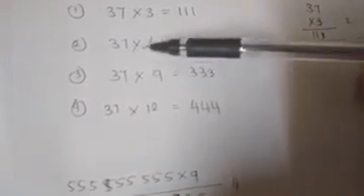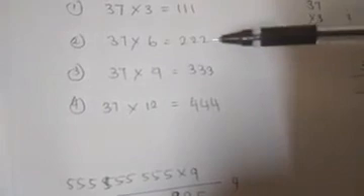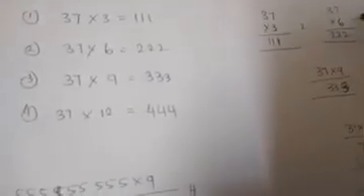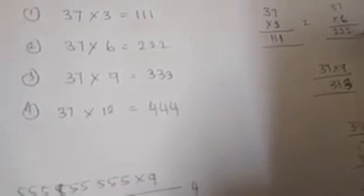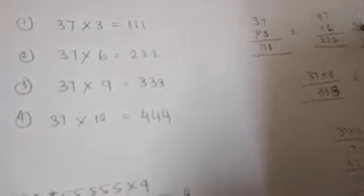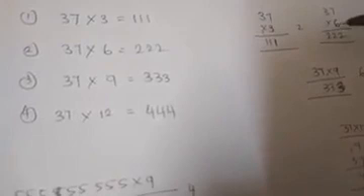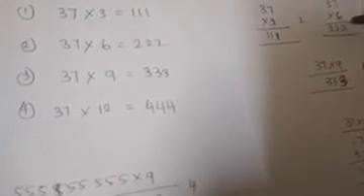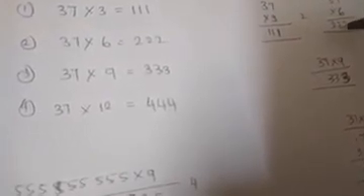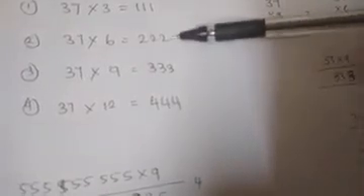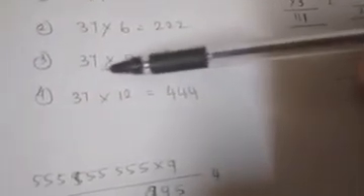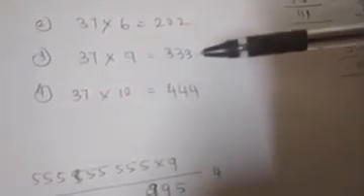Same way, 37 into 6, 222. How? 6 7s are 42. 2 balance 4. So 6 3s are 18. 18 plus 4, 22. 222. 37 into 9, same way, 333.